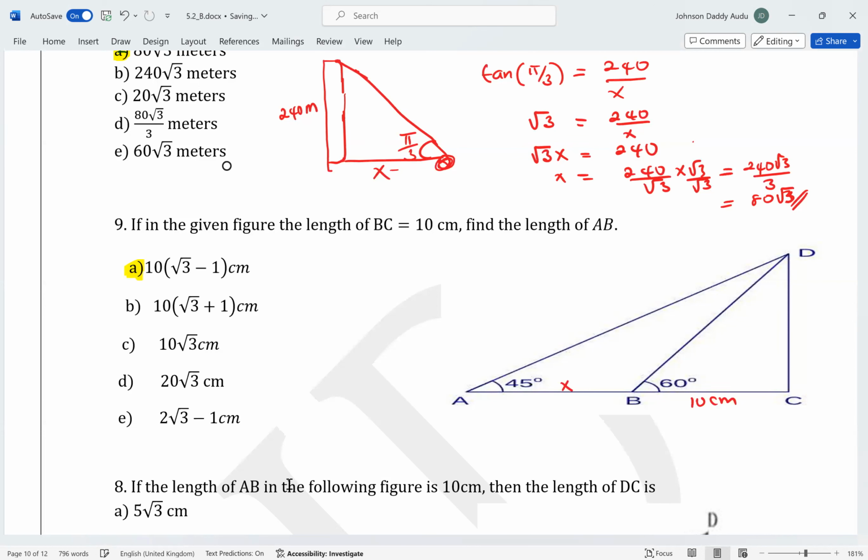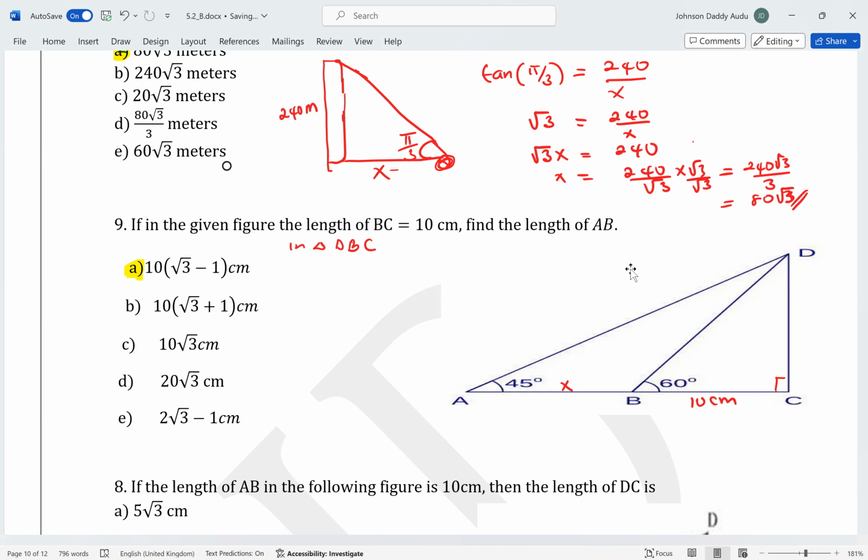So let's see what we can do. We know that this is 90 degrees. So here we can first of all try to look for this distance. So let me use triangle DBC.